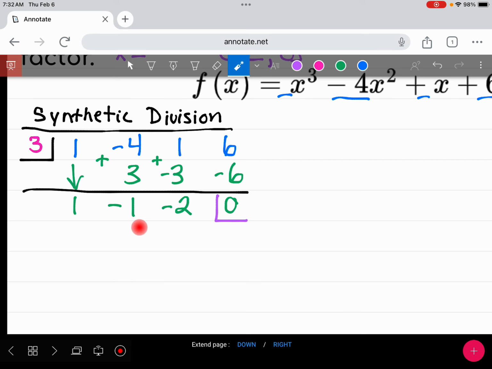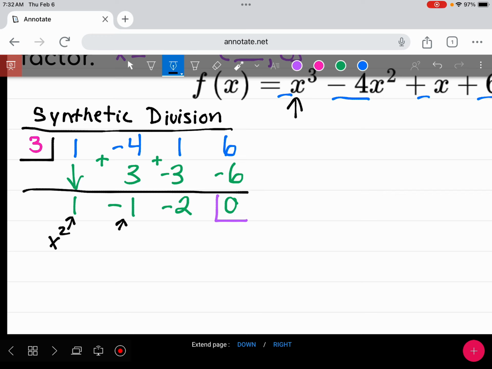What is this thing aside from a series of random numbers? It is a polynomial. What degree is this first piece going to have? That's going to go with the x squared because it always goes down 1 degree when we do synthetic division. We started with a cube, so we're going to wind up with a square after our dividing.